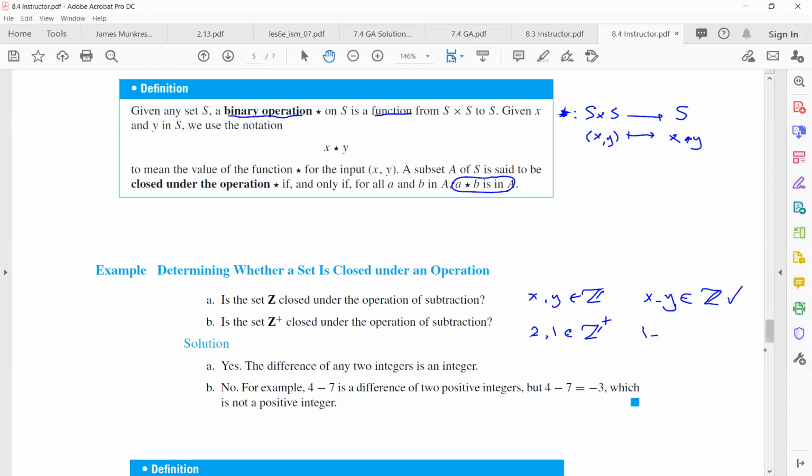But what about 1 minus 2 in Z plus? The outcome is going to be -1, which is not in the set of positive integers. So it's not closed under subtraction. Is Z closed under division? Of course not.